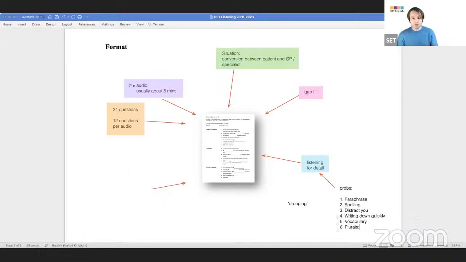If you don't put the S on, you will not get the mark. So if I say, I had some headaches, you must write the S. If you just write headache, no S, no mark, according to OET, because plurals are important, apparently.